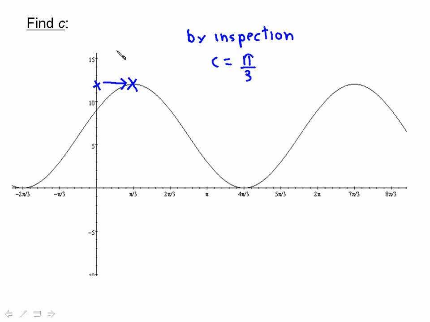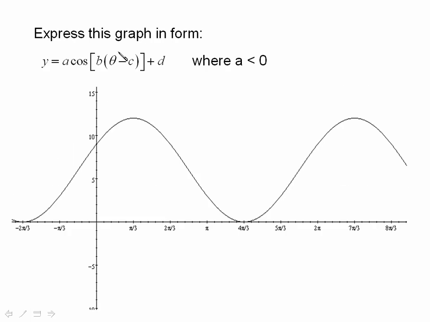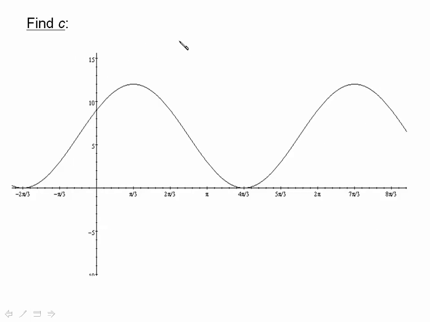And then you just put the whole thing together. So when we get all this, then we can now say that our A is equal to 6. We knew that. Our D value was equal to 6. The B value was 1. And the C was equal to pi over 3. And we were calling this a cosine curve. So therefore, down at the bottom, I'll write that.